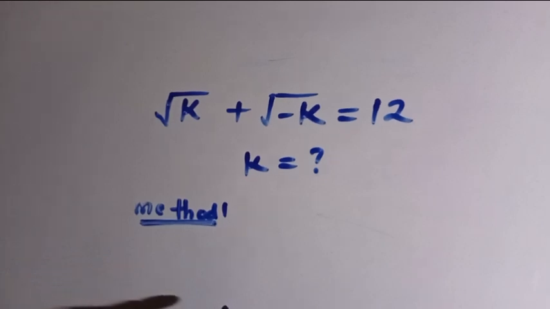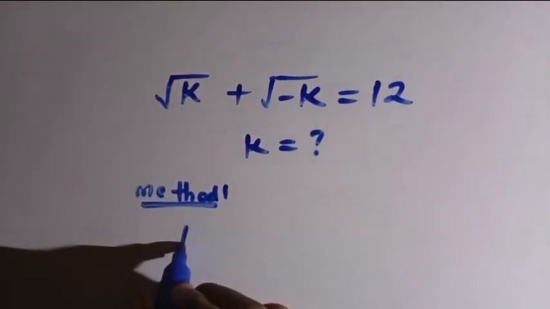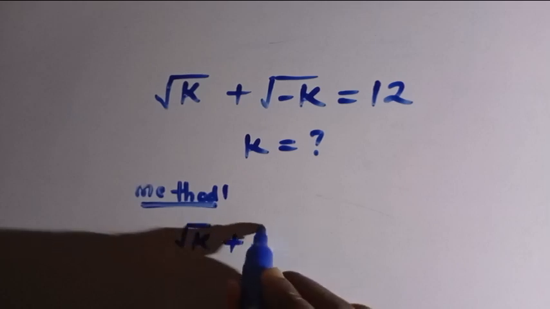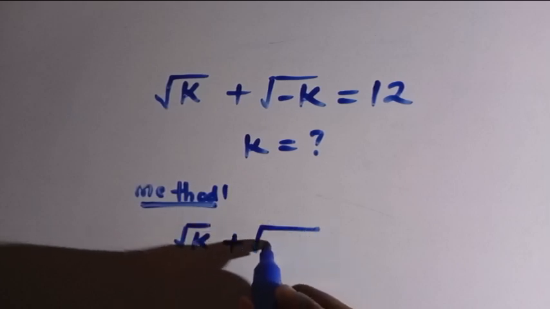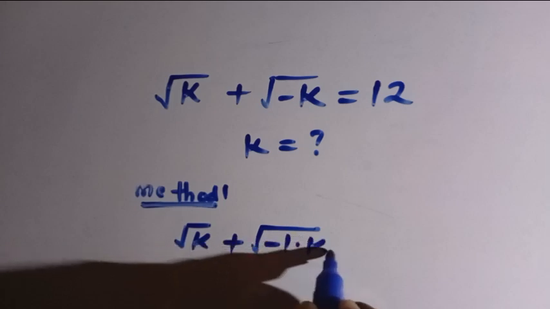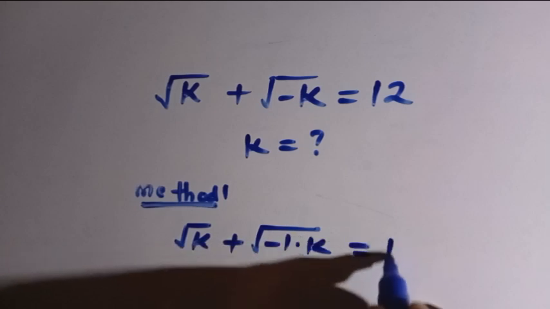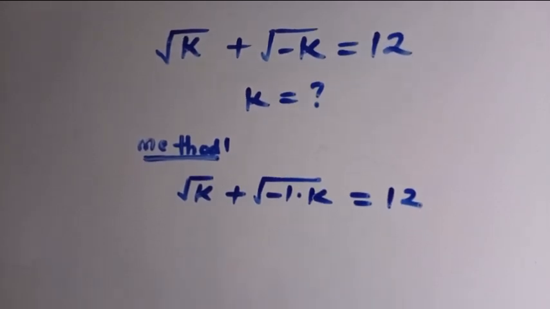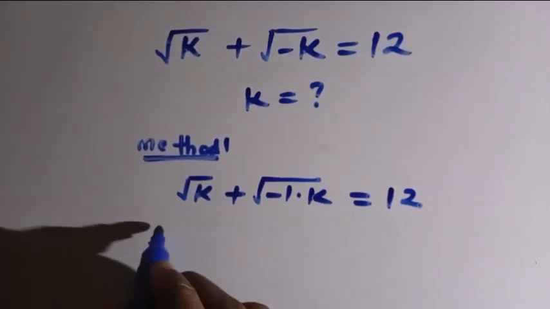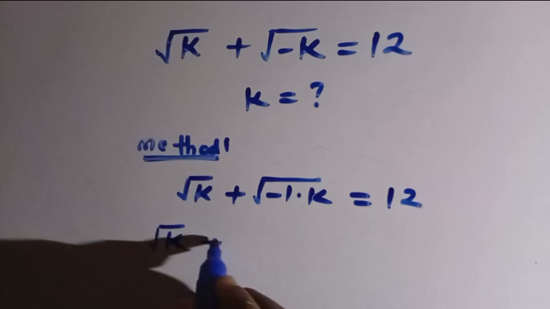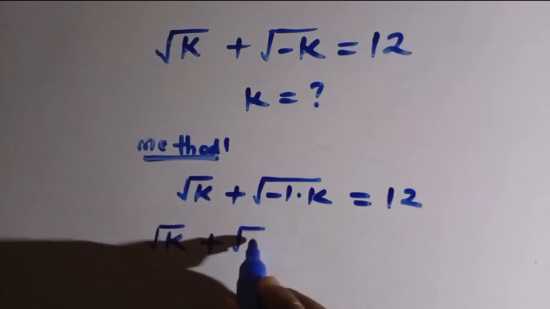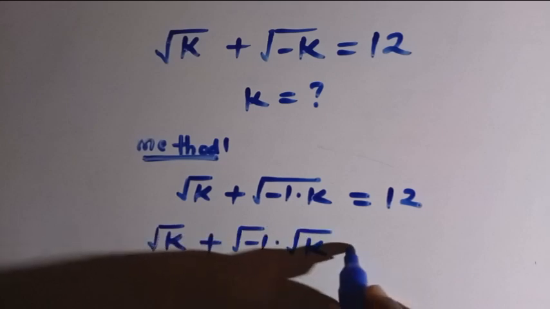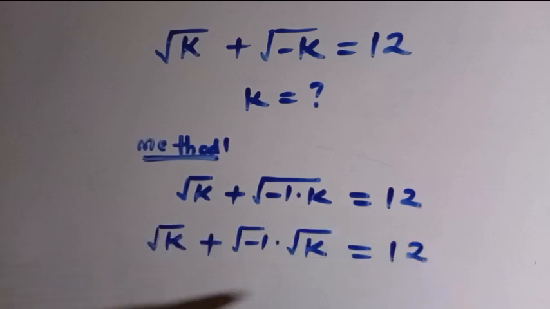So from here we have square root of k plus the square root of minus k. If I write it as minus 1 multiplied by k, this equals 12. Then we can separate this as square root of k plus square root of minus 1 multiplied by square root of k equals 12.